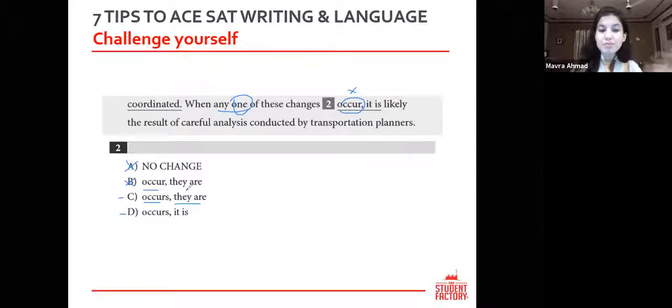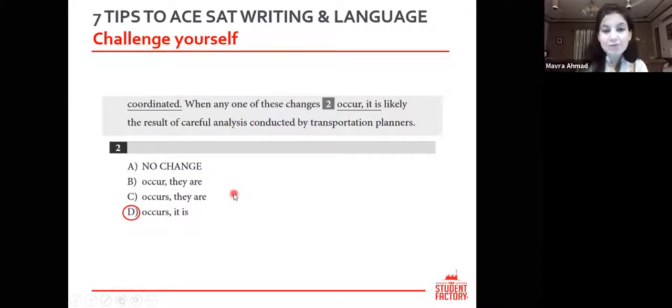We are switching inappropriately between the number of subjects. So that is why this pronoun is not agreeing with the number of the subject, and we need to make sure that it agrees. So the most appropriate choice for this question is going to be option D, occurs. It is likely the result of careful analysis conducted by transportation planners.